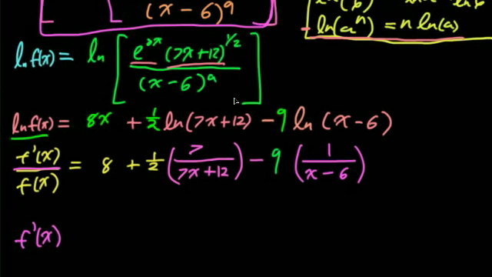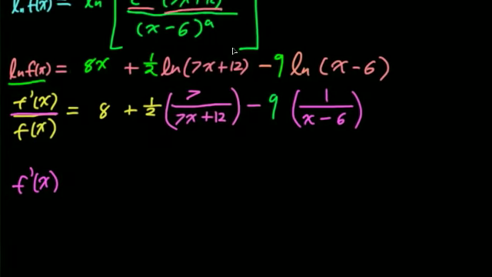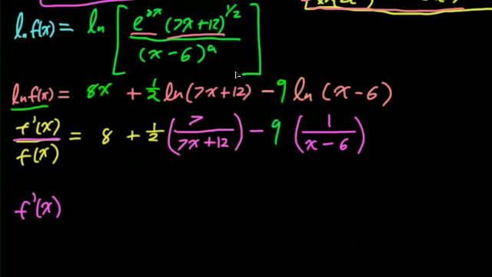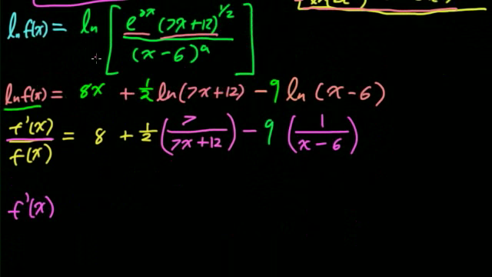So now all we have to do, and I'll just write this. I'll keep looking back to see what f of x was, but for right now, all you have to see is that we are going to multiply all of the expression we've got. So we've got this 8, plus, and let's actually simplify this a little bit.